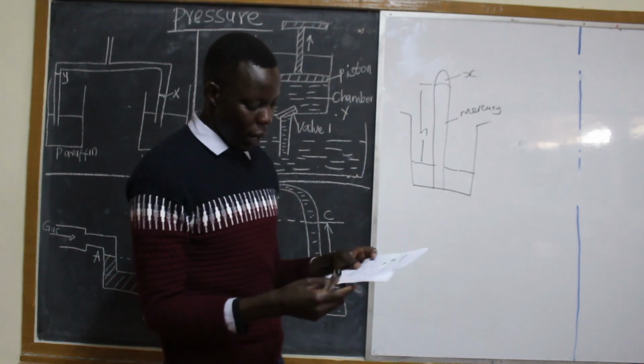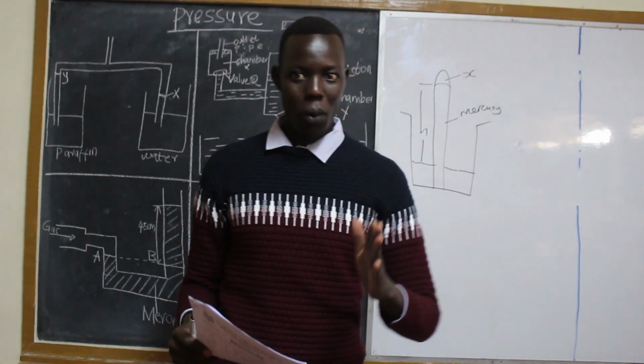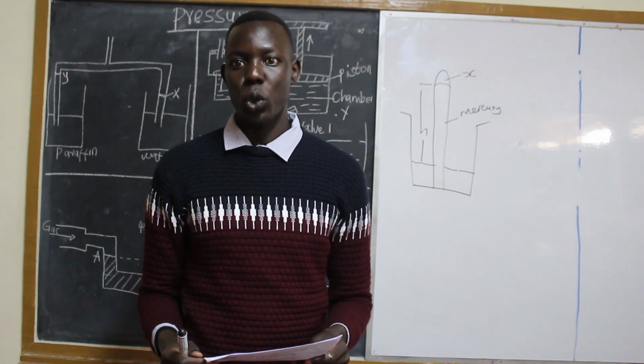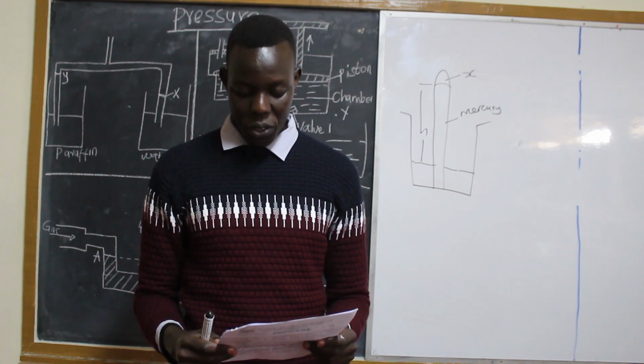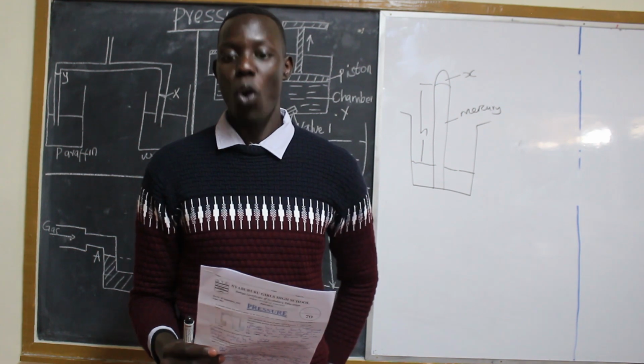First of all, we are asked to name the part labeled X. It's a vacuum, but you don't just say it's a vacuum. You give a special name. It is called the Torricellian vacuum.